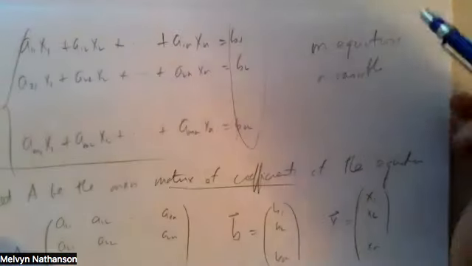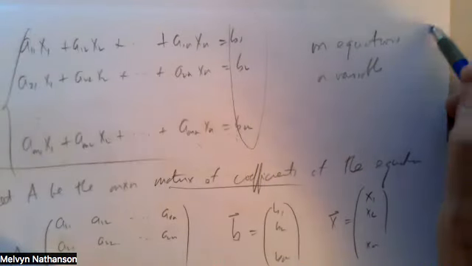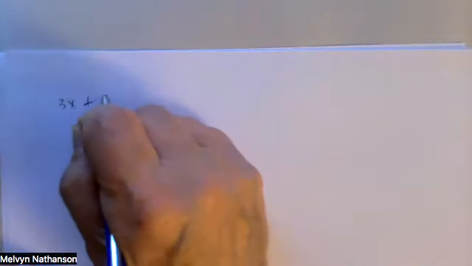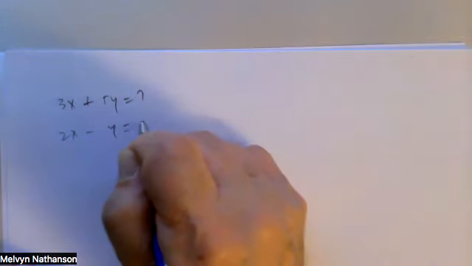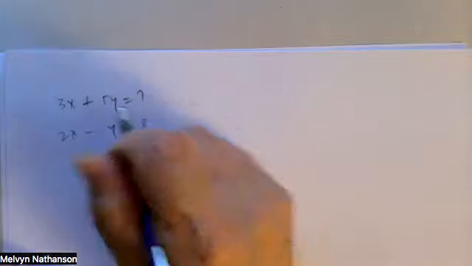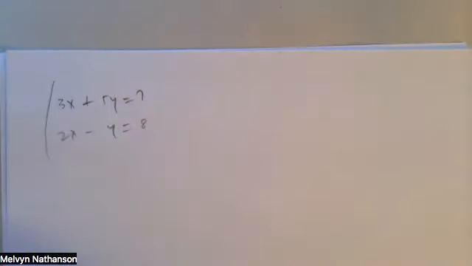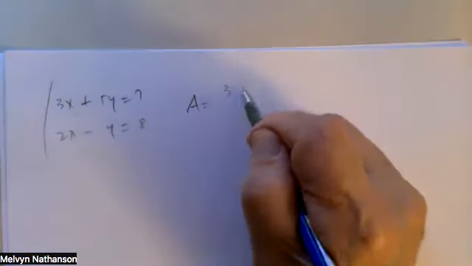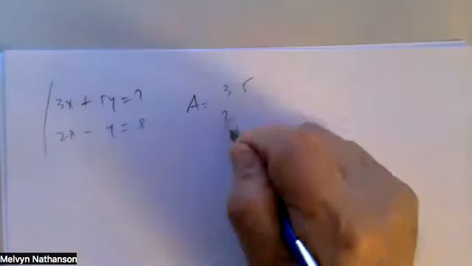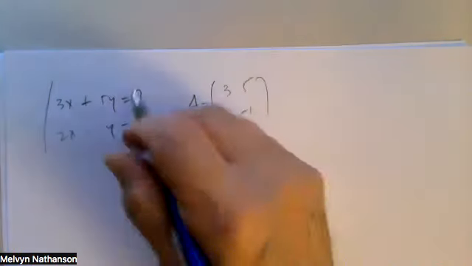In high school algebra, the basic problem is solving two equations in two unknowns, like 3x plus 5y equals 7, 2x minus y equals 8. Solve these equations. In matrix form, the matrix of coefficients would be 3, 5, 2, minus 1.